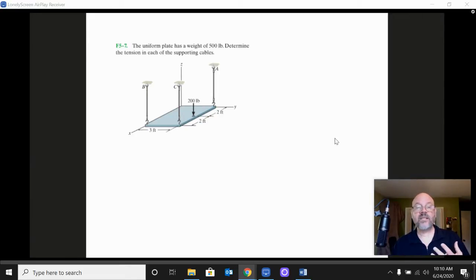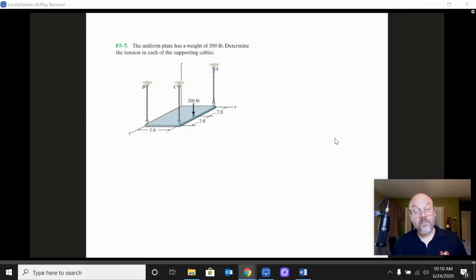Our job is to figure out what's happening with the supports so that we can figure out, does the support provide a lateral force, a vertical force? Does the support have to provide a moment? So those are the things that we're going to be after.